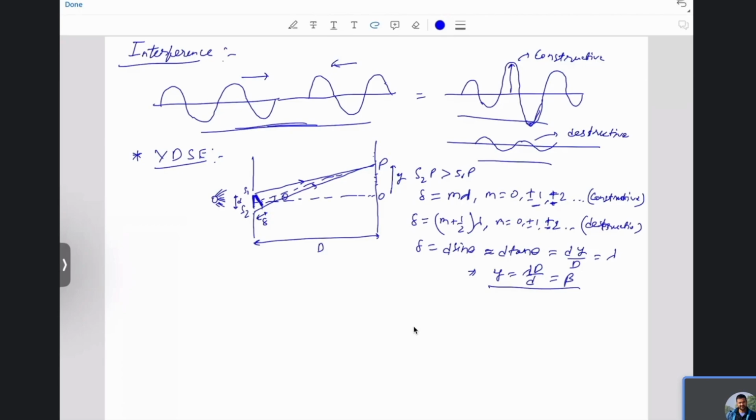Yeah, now one more thing I want to discuss here, and that is Fresnel biprism. But let me see if there is anything else needed in the double slit experiment.